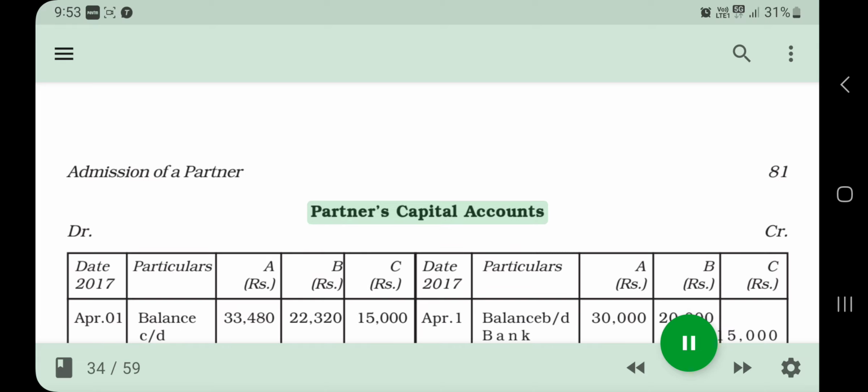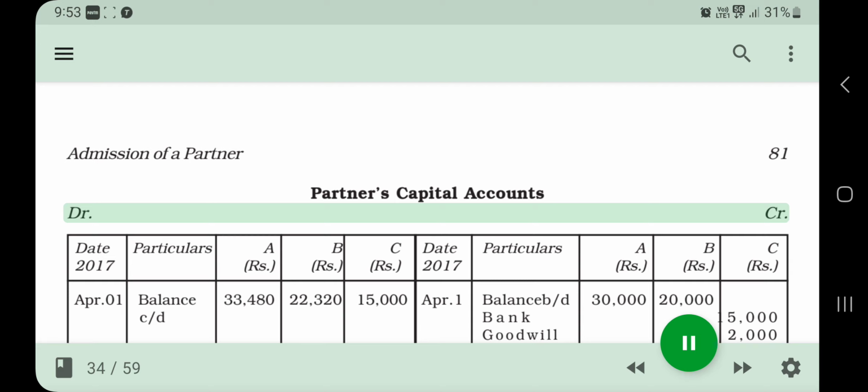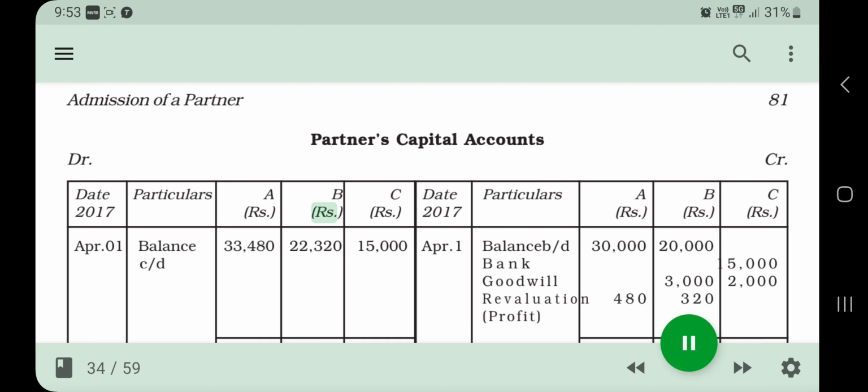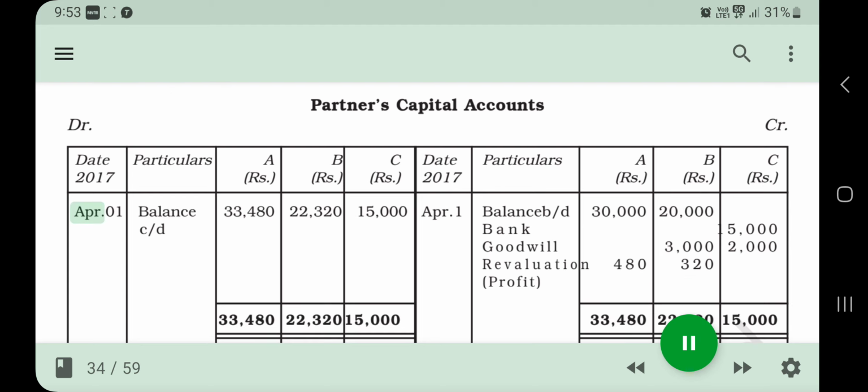Partners' capital accounts. Dr. Cr. Date, particulars, A, B, C. April 1: balance 33,480, 22,320, 15,000.